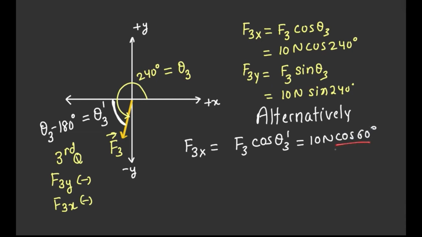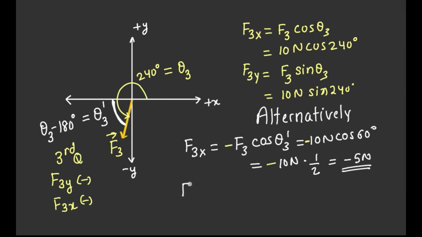Cosine 60 degrees is a positive number, but we know that f3x should be a negative number. So we're going to put a negative sign here by hand. That gives us f3x equal to minus 10 newtons times cosine of 60 degrees. Cosine of 60 degrees is equal to 1/2. So f3x is equal to minus 5 newtons.